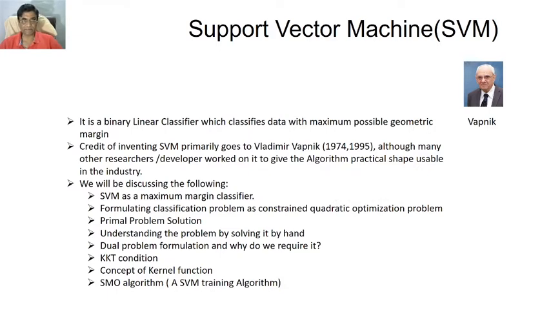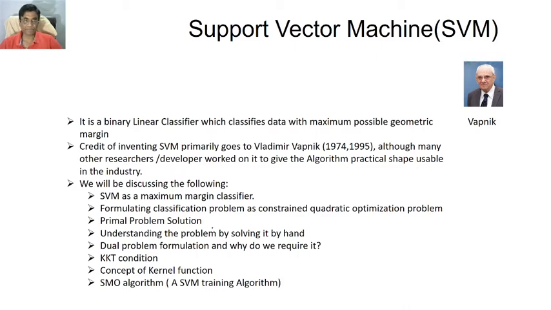So that is another uniqueness. So we'll talk about what the primal problem is, and then we'll try to solve a small problem by hand, so that you can actually get confidence about how a support vector machine works.